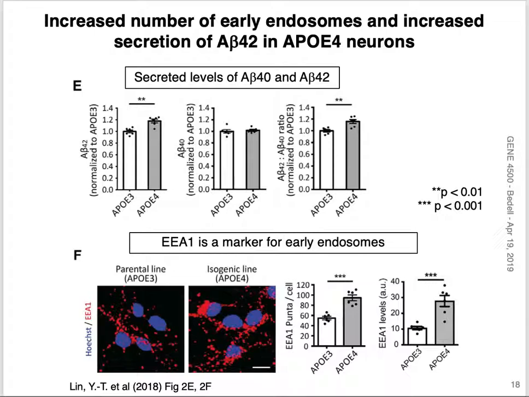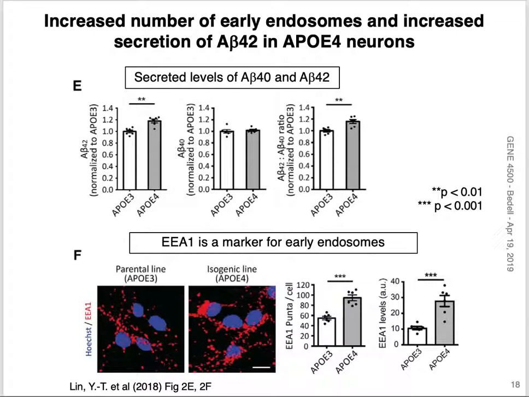So only the pathogenic pathway is producing higher levels of A-beta 40 and 42. They're also increased, depending on how you normalize it. So this is increased in APOE4, that's increased too. So there's more secretion of A-beta, and there's also a lot more early endosomes.